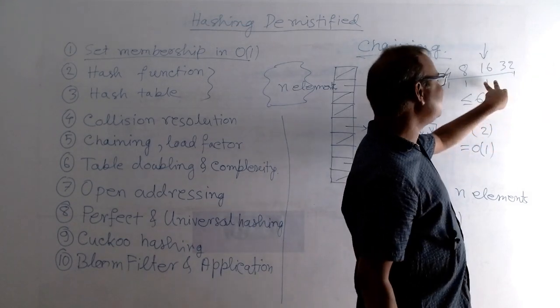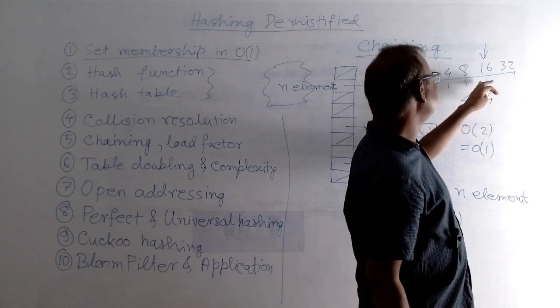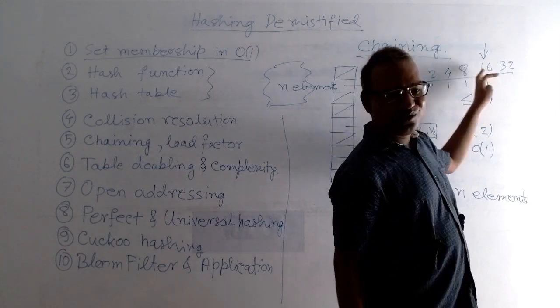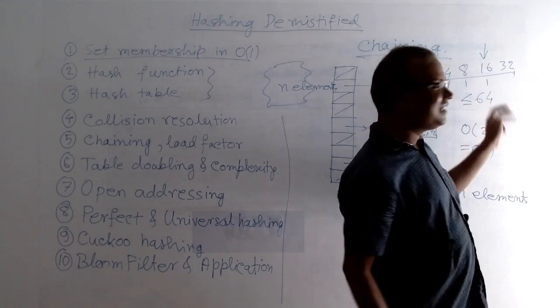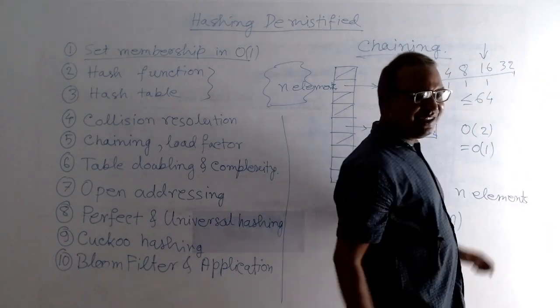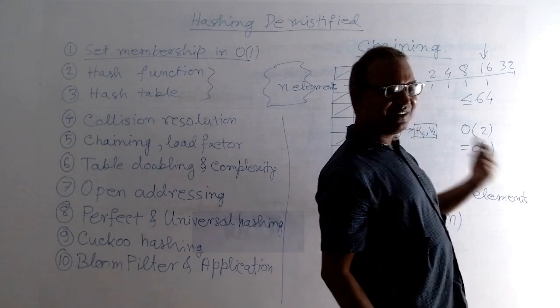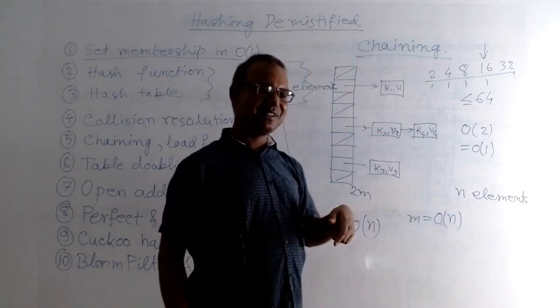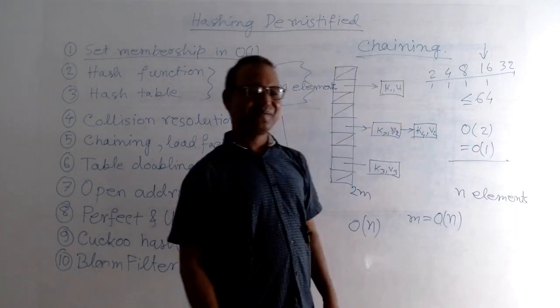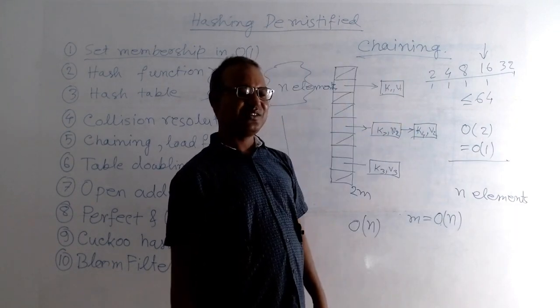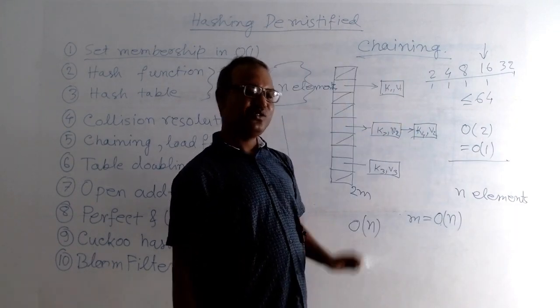Then we delete two elements, it becomes 15, and we shrink the table. Then again we insert two elements. So there will be a lot of table doubling and shrinking operations, and that will violate the constant time condition. It will make the complexity order of n. So we'll avoid that.